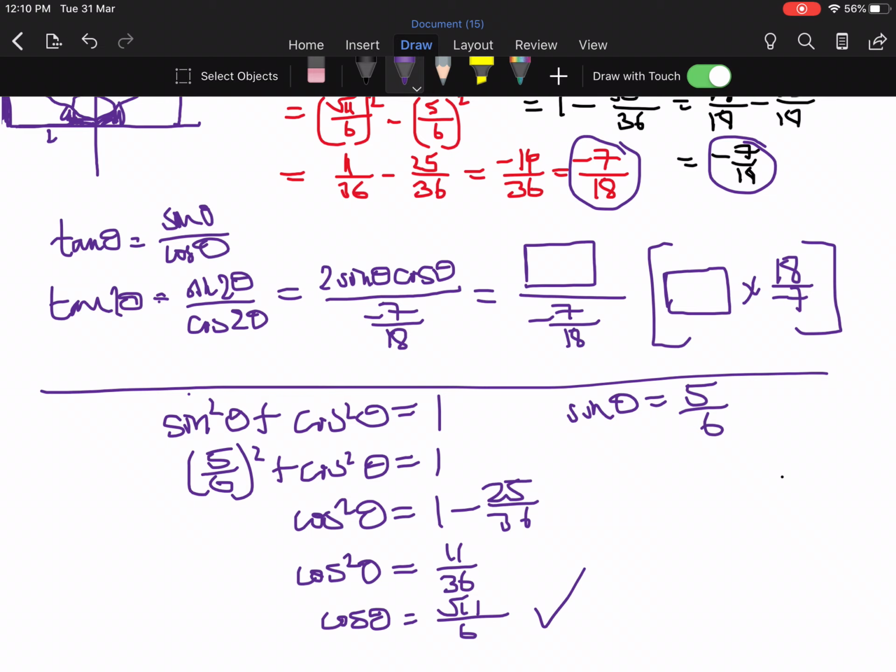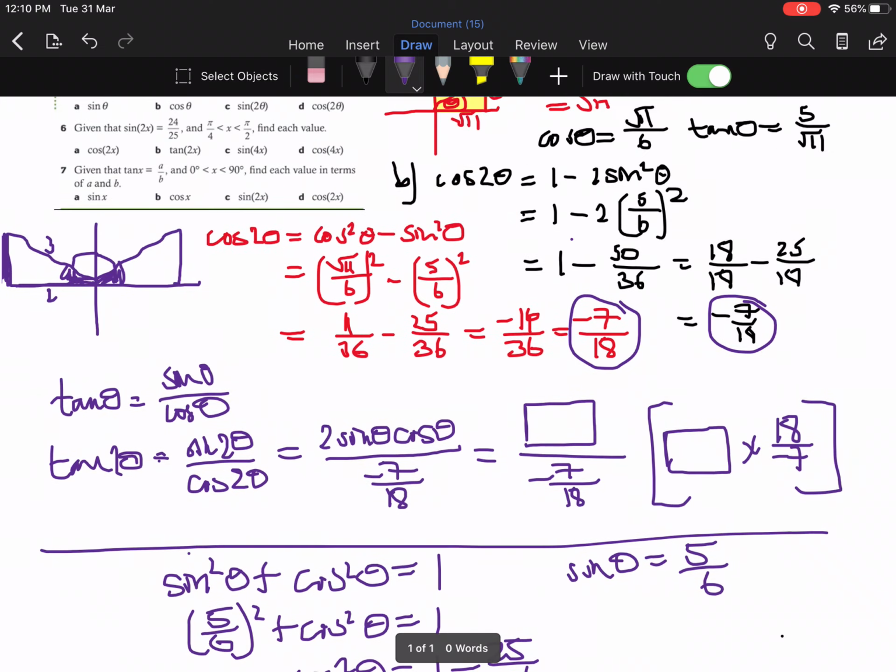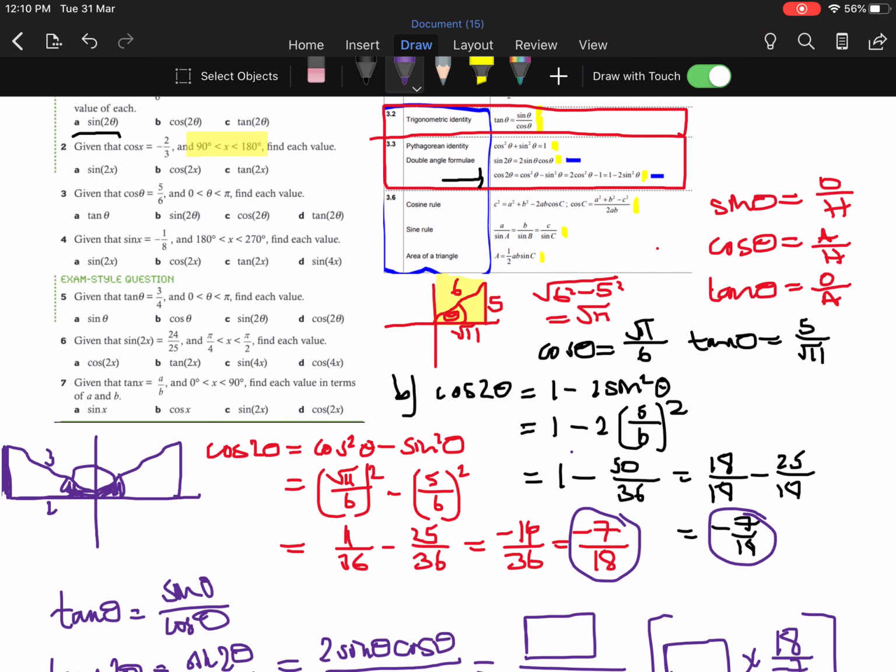So the book likes to use this way sometimes, but my favourite way is to just draw the triangle and get your opposite, adjacent and hypotenuse in, and that way you can use the trig ratios, so you know each one, and then you can use the double angle formula.